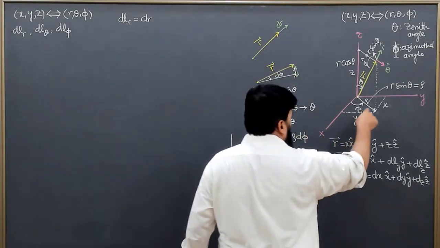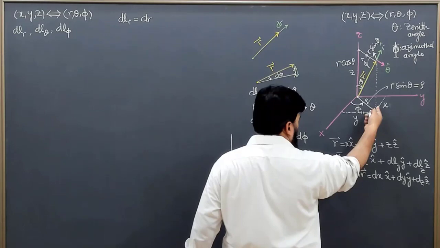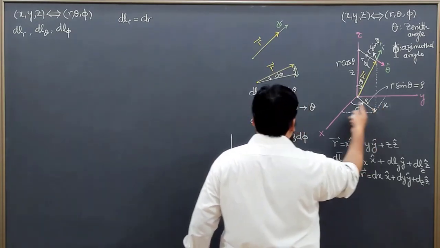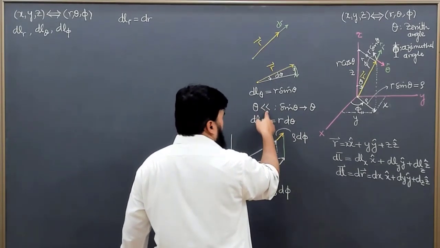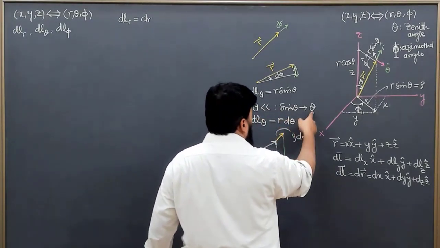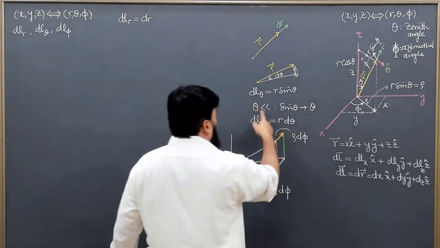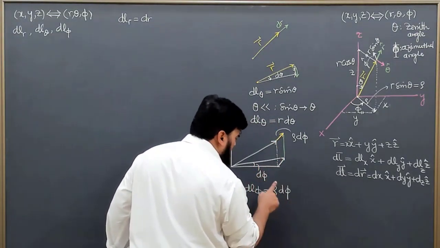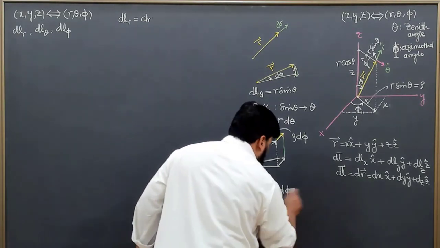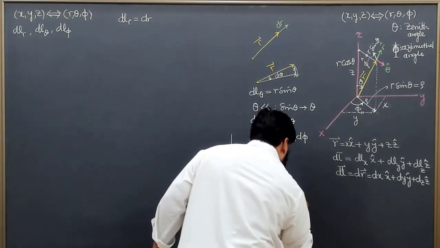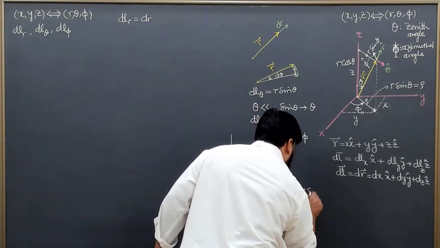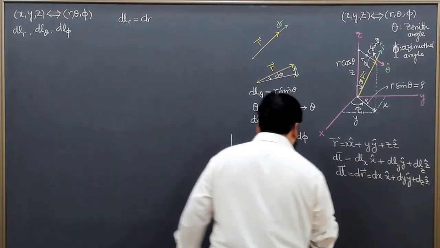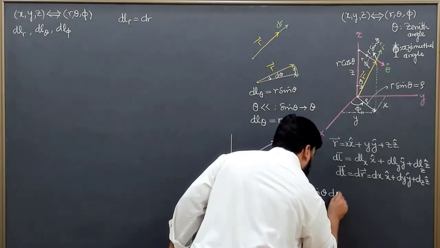Basically this one is again a perpendicular component, so it will be rho sine phi, and when phi is very small, then sine phi goes to phi, and we are taking d phi as a fractional angle. So dl phi will be equal to rho, which is r sine theta, times d phi.